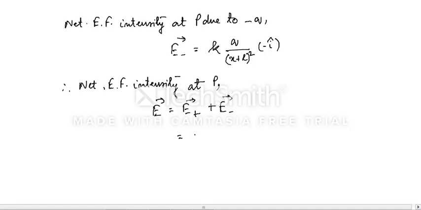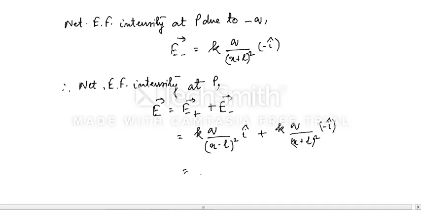So one is K Q by x minus L whole square i cap plus K Q by x plus L whole square minus i cap. So we are getting KQ into 1 by x minus L whole square minus 1 by x plus L whole square i cap.